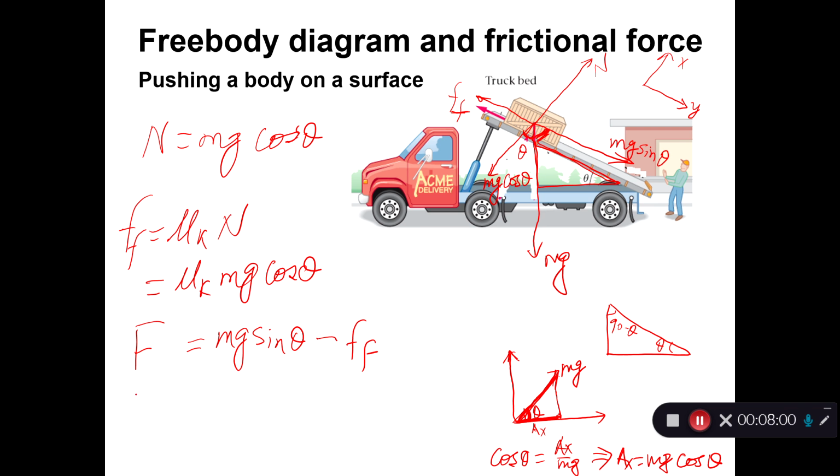To calculate acceleration, F equals ma, so ma is mg sine theta minus F, which is mu k mg cosine theta. If you know the angle, the frictional coefficient between the block and the inclined plane, and the mass of the block, you can easily calculate how fast this block is going down.